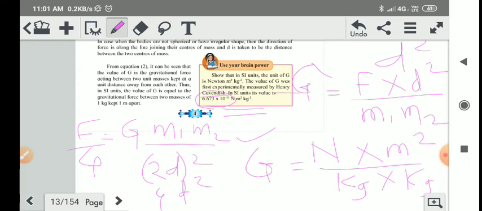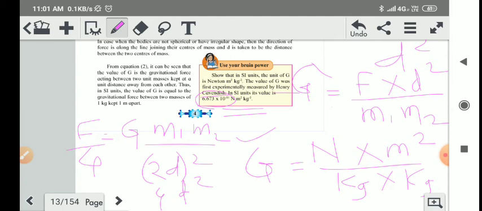If we double the distance, then force decreases by how much? By a factor of 4, because there is the square of distance. So if we double the distance, after squaring it becomes 4, so force decreases by a factor of 4.